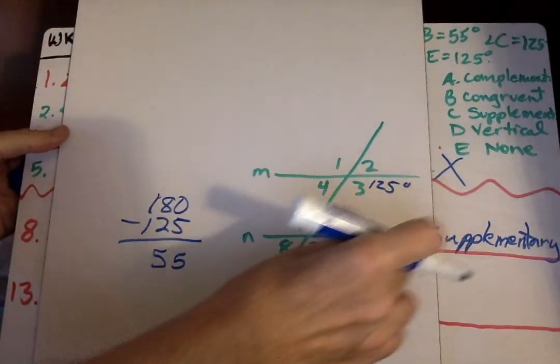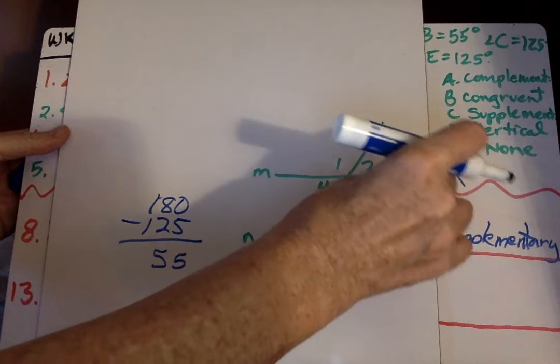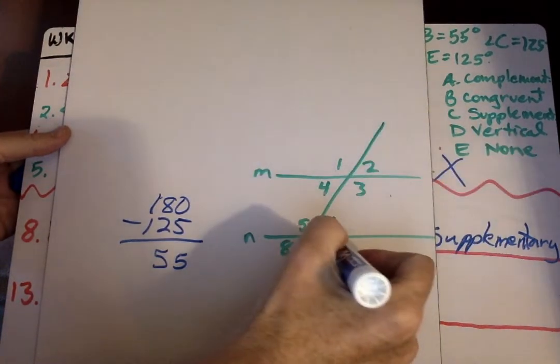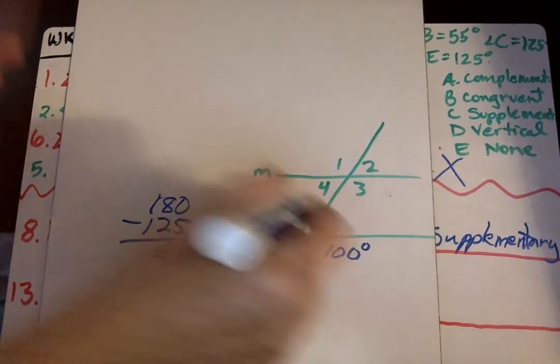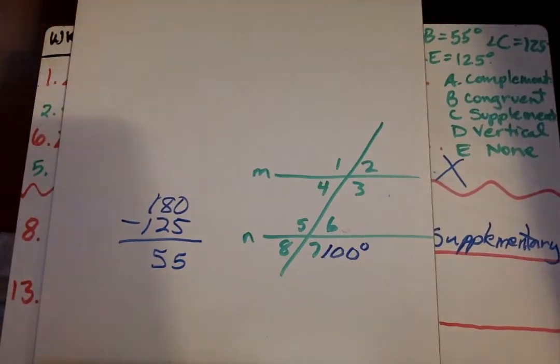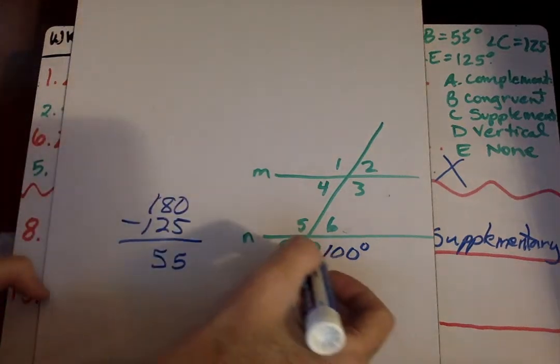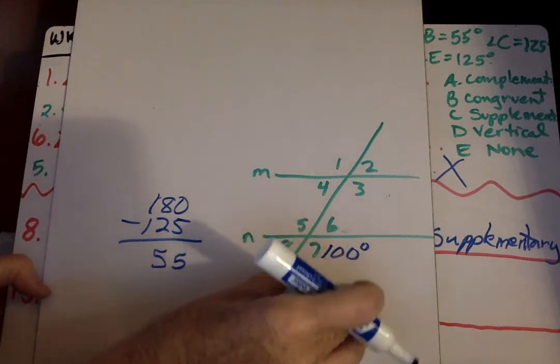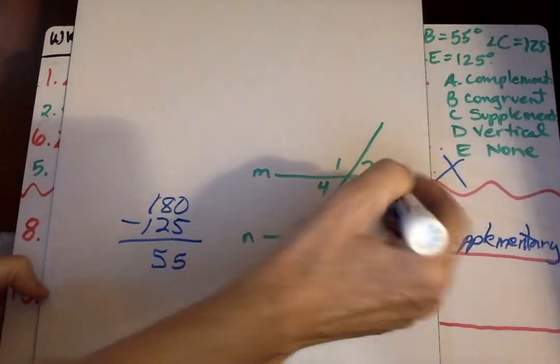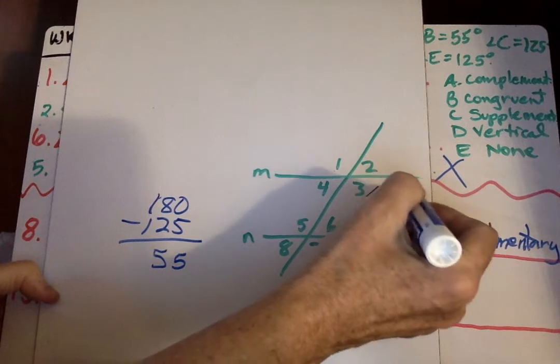Okay. All right. Now it says if angle 7 is 100 degrees. So again, we can erase these. Angle 7 is 100 degrees. What is angle 2, I believe is what they're asking on number 13. I can use this as like a zip line. I zip it up there in the same spot. I know that 3 is 100 degrees.